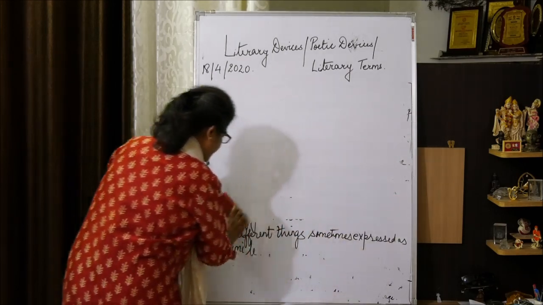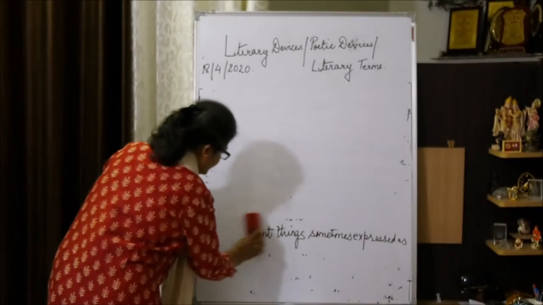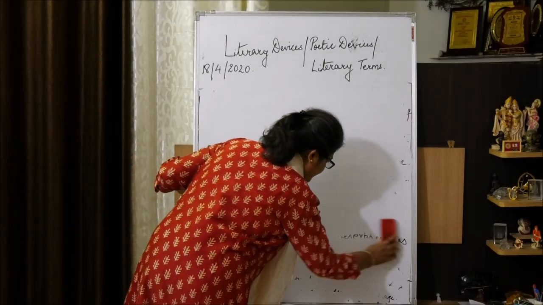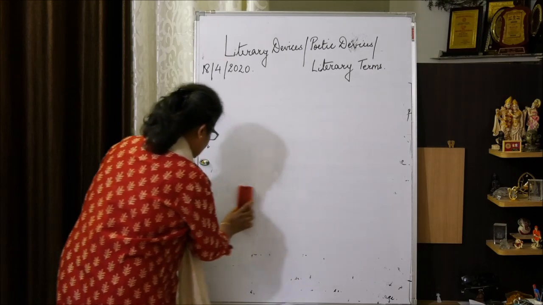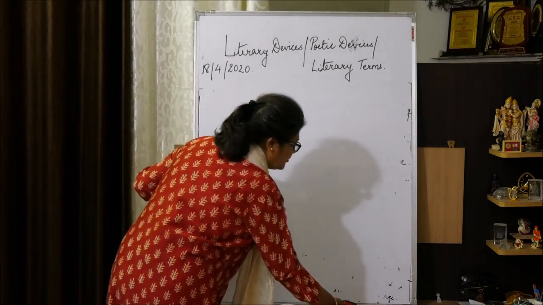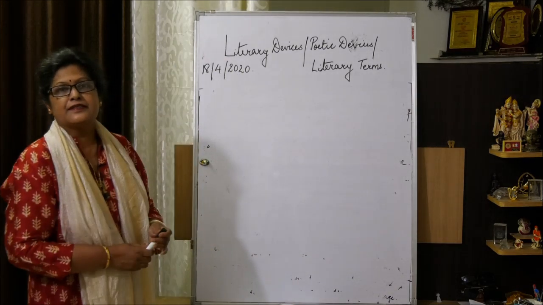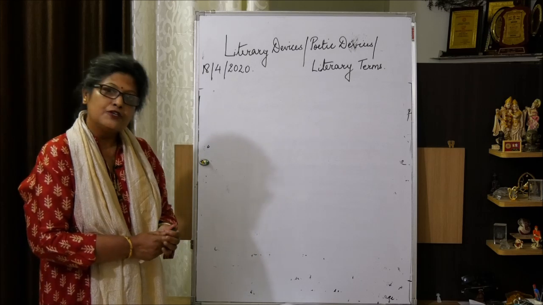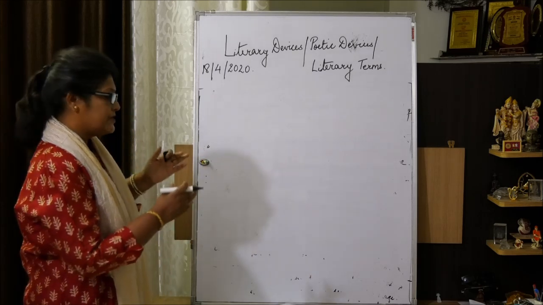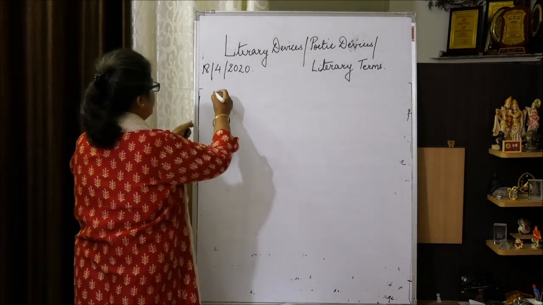And children, it's my request that you please note down the major things that are being told to you, because the major points will help you understand. So kindly take notes and you will remember them better.